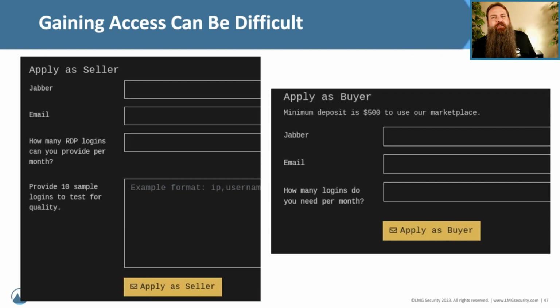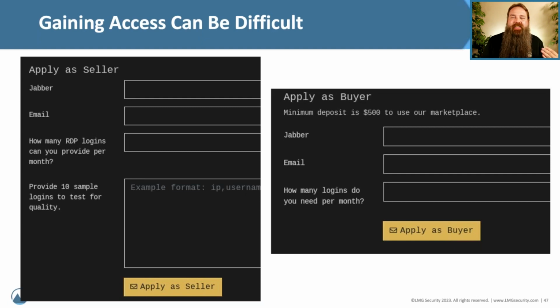Now, gaining access to these forums is not the easiest thing in the world to do. There are a lot of hoops that you have to jump through in most of these cases because the operators of the forum want to verify that you are not something like a law enforcement officer, because having an FBI agent in your malware forum could be pretty detrimental to the people that are actually using it. So they'll go through verification checks. This forum that you're seeing here is what's referred to as an initial access broker.